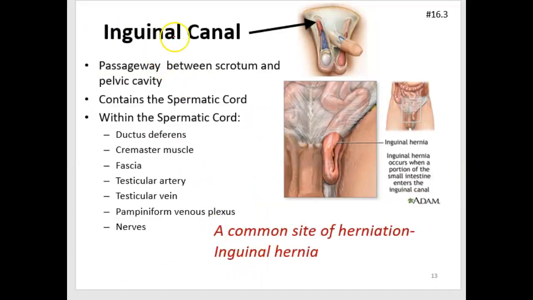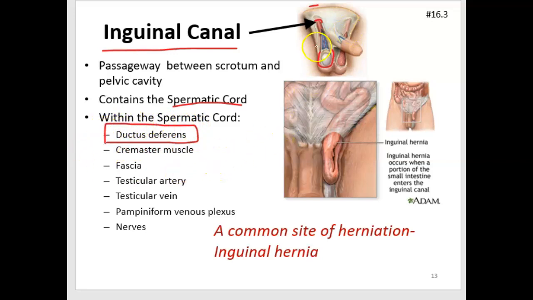Another structure that's associated with the scrotum and the testes, as well as the spermatic cord, is the inguinal canal. So the inguinal canal is a passageway through the body wall between the scrotum, which is down here, and the body cavity, and it contains the spermatic cord. And the spermatic cord, in its simplest sense, would just be this ductus deferens, which contains the sperm.